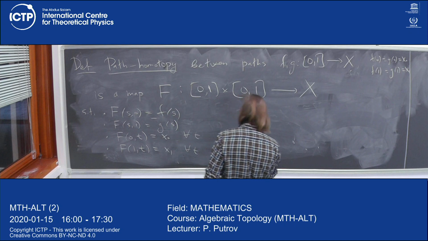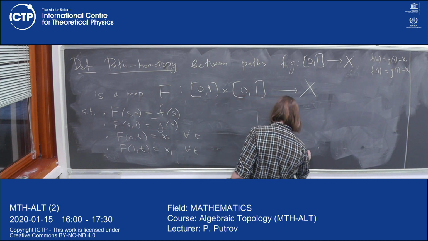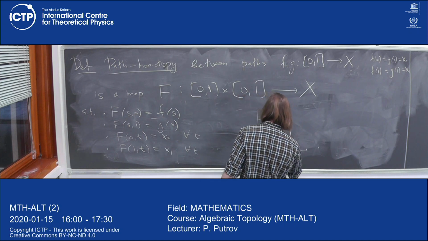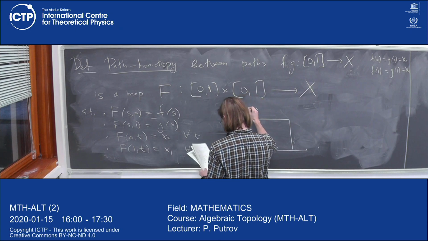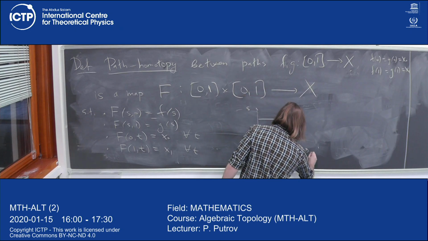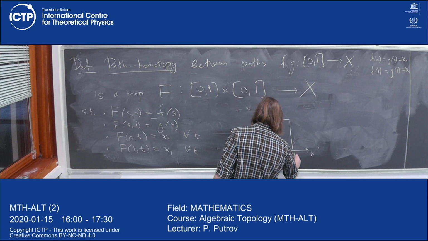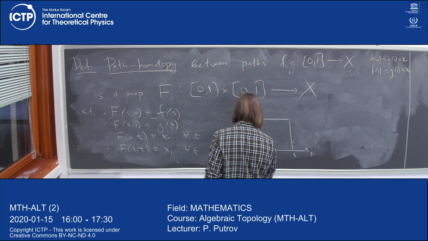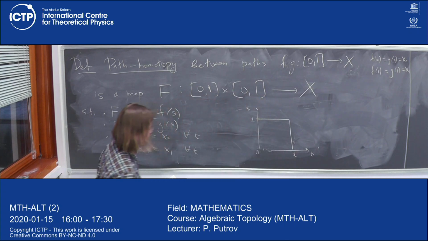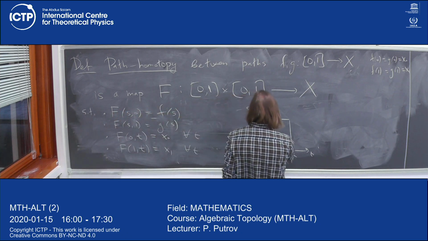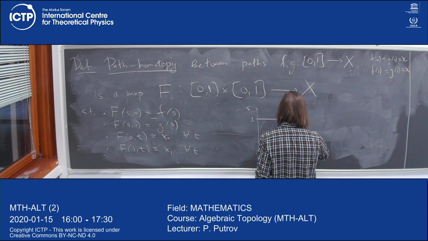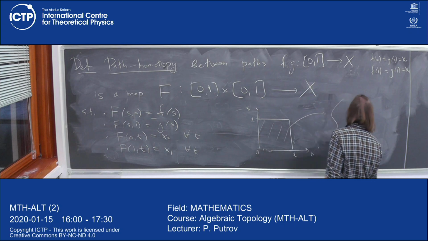So the function F is defined on a square. Let me do it like this: 1, 0, and you map it to x.